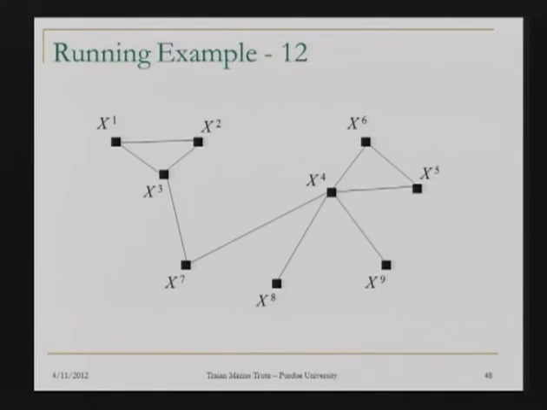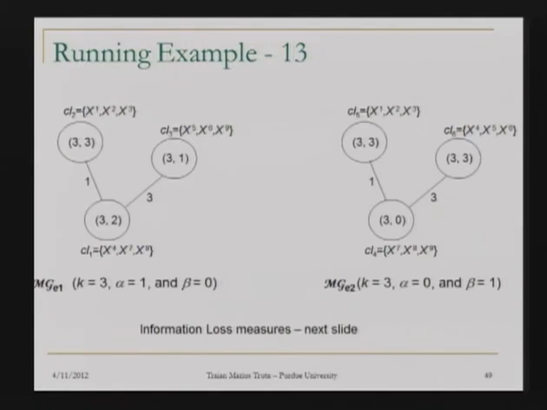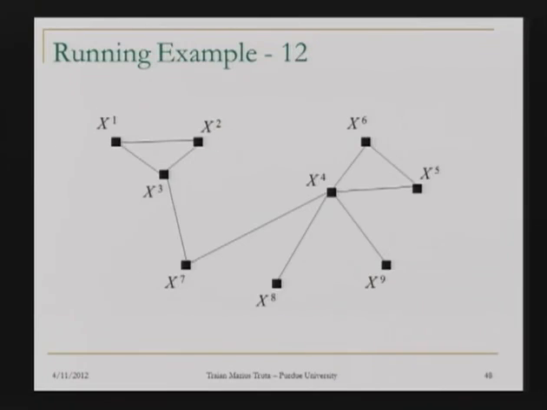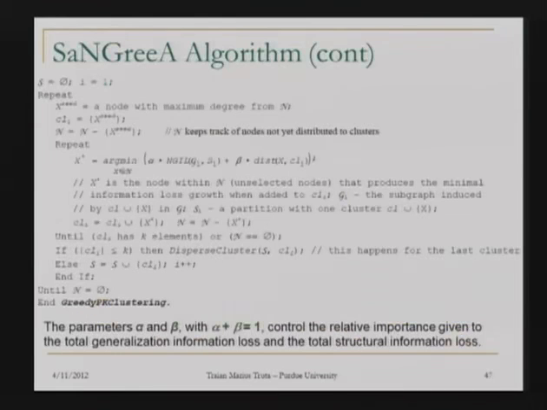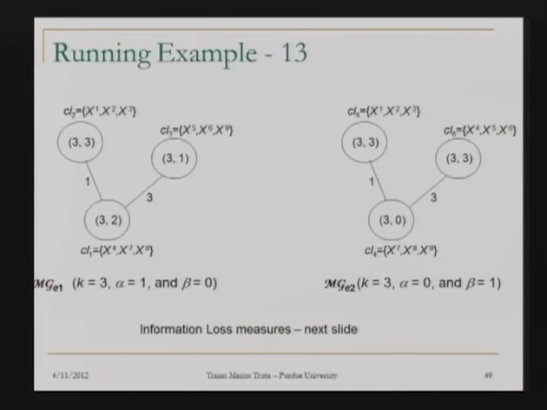Now, for this running example, we run this algorithm. Alpha equal 1 means we look only at the node attribute values. Alpha equals 0, we look only at the node structure. So the left graph is the one that optimizes generalized information loss, and the right one optimizes the structure information loss.